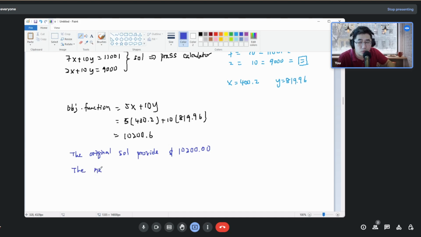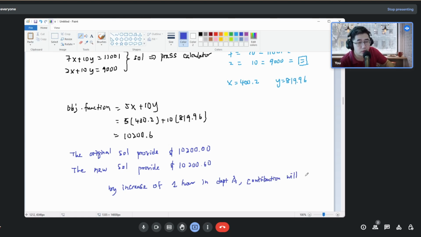The new solution provides 10200.60. That tells you that by increasing 1 hour in department A, the contribution will increase by 0.60 cents.